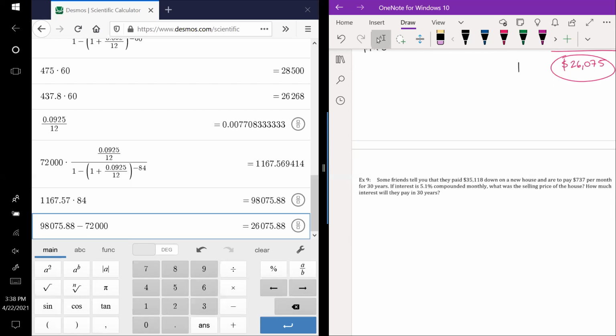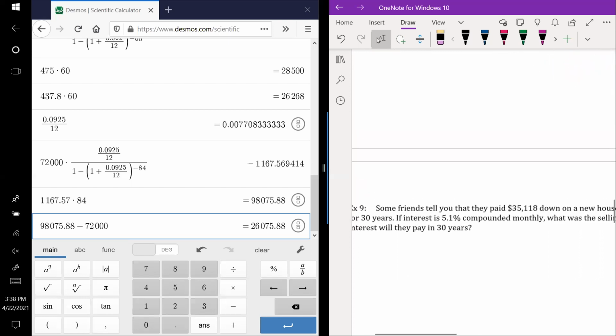So we are going to solve for present value here. And then to find the original price of the house, once we find present value, we'll just add the down payment of 35,000.